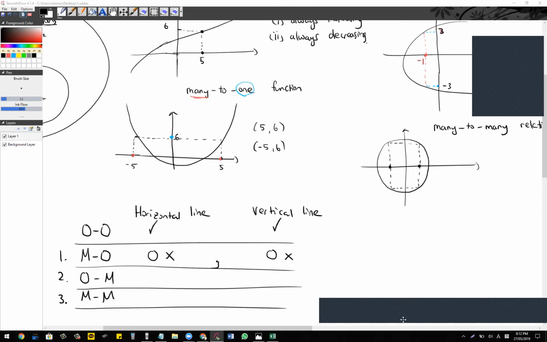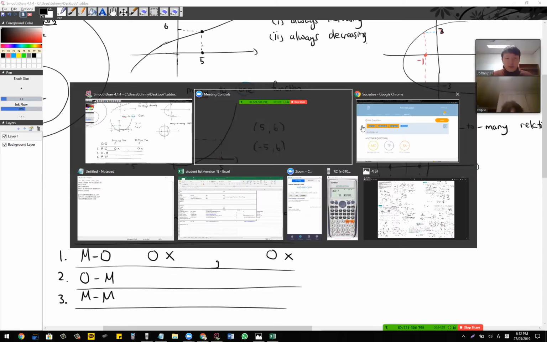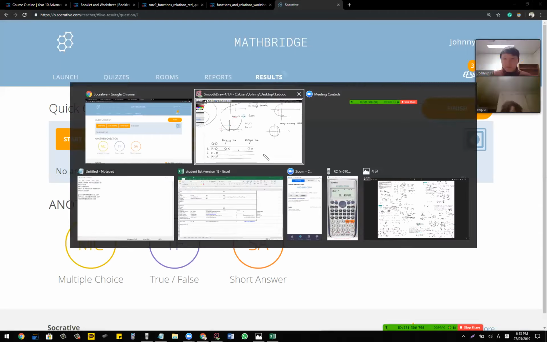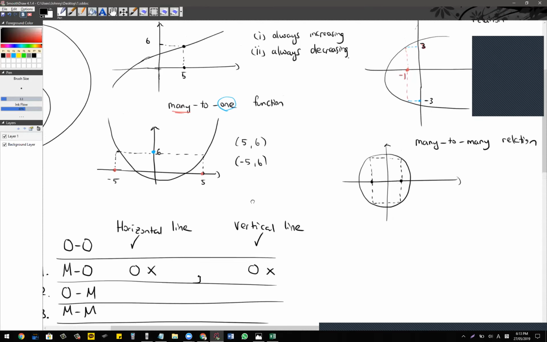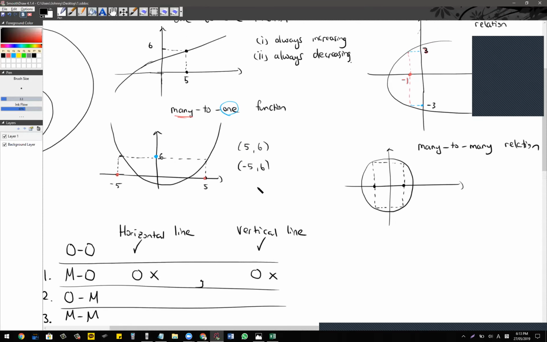I think that's pretty clear, right? Are you all logged into Socrative yet? If I do this one here, that's a circle, which is tick, and that's another tick.